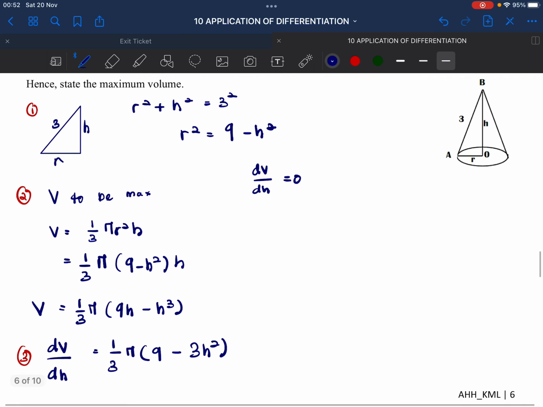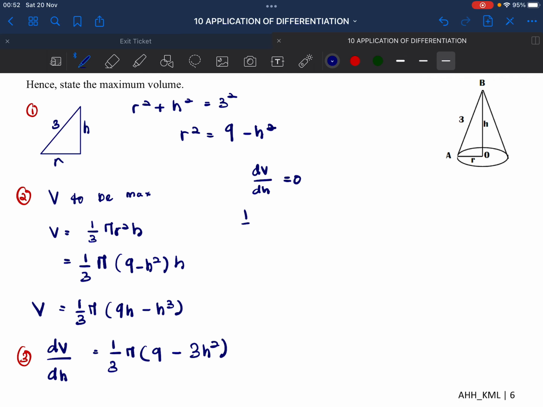So we will have 1 over 3 pi, 9 minus 3h square equals 0. Move it to the other side, then we will have 3h square equals 9, h equals plus or minus square root 3. Obviously we are talking about h, the height.